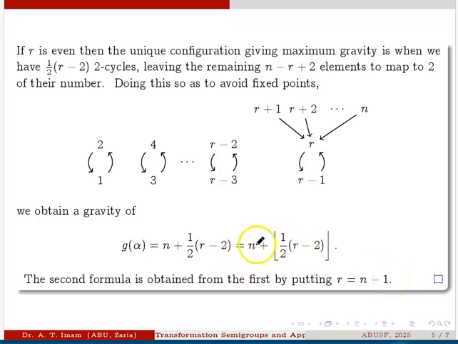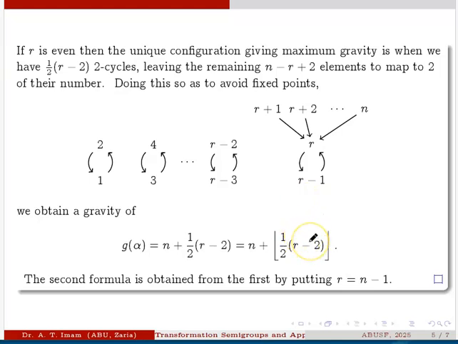And once one substitutes r to be n minus 1 in this formula, you realize that the gravity obtained will be 3 over 2 into r minus 1. But take the floor function of that, because the resulting value may turn out to be a fraction, a rational number, and then you take the floor of that to make sure it is an integer. So this is actually how you maximize the gravity.